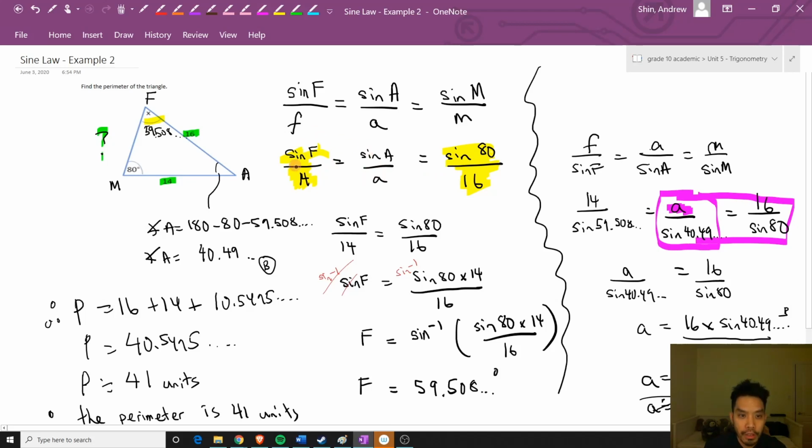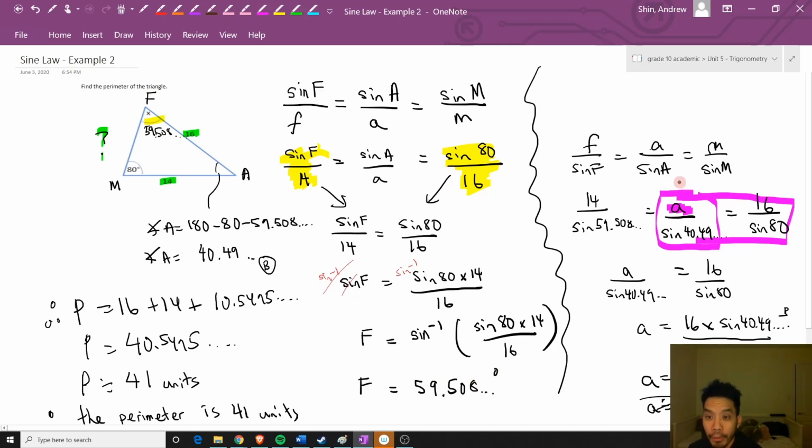So we chose this one and this one. This one we chose because it has all the numbers. This one has the unknown that we're looking for. And I'm going to put arrows there. And we have an equation with only two expressions. And we solve for f. Multiply both sides by 14, sine inverse, and making sure we don't round. We kept every single decimal place. We got an angle for f.